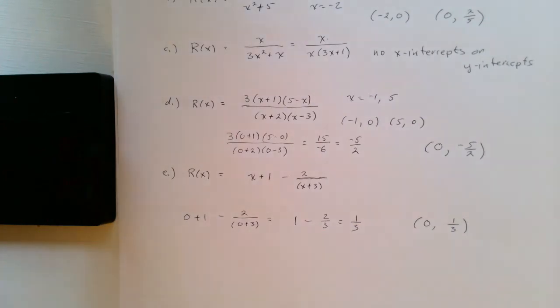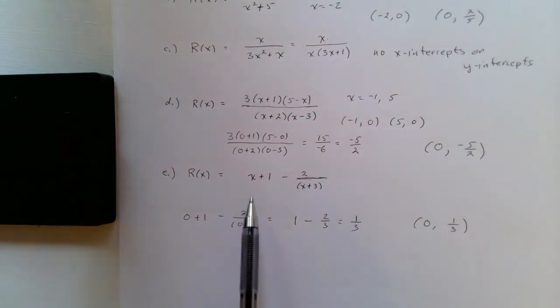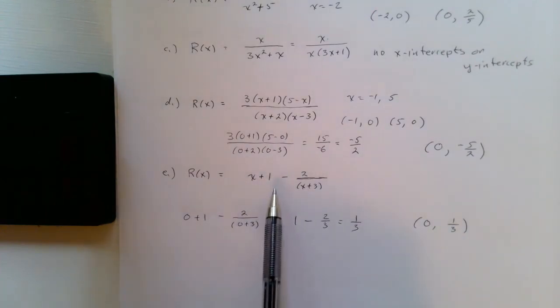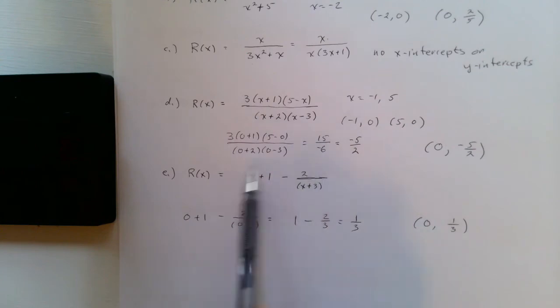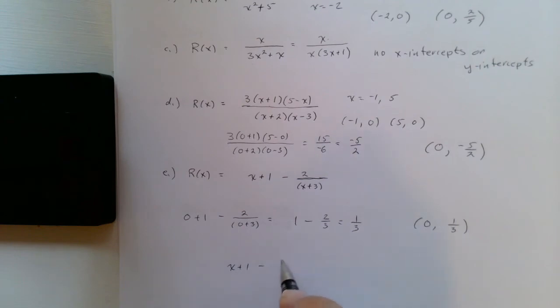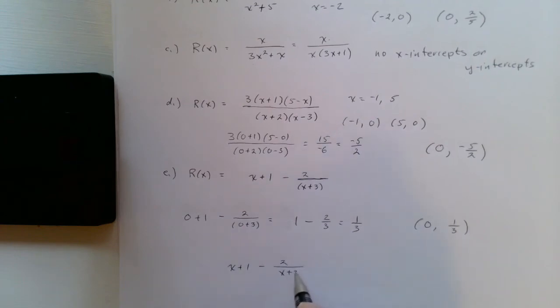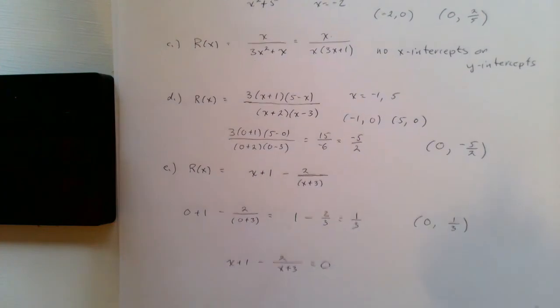And then to find the x-intercept, you'll notice that this is not in the usual form. We could get a common denominator, but you don't have to. In this case, we can just set this whole expression equal to 0 and try to solve it. So we get x plus 1 minus 2 over x plus 3 equals 0.